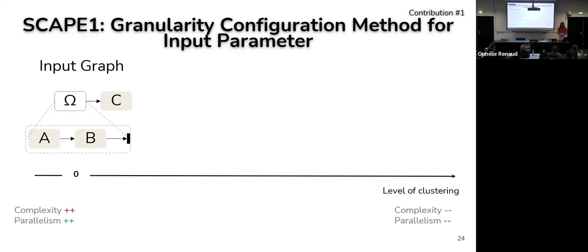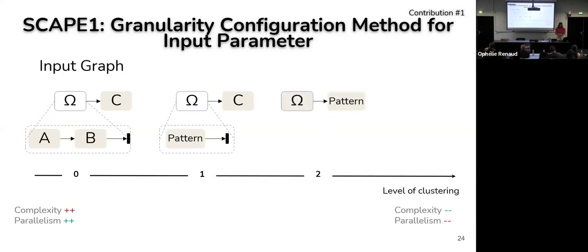Level 0 of clustering corresponds to the input graph without any clustering optimization. Level 1 consists in identifying particular patterns on the subgraphs only.